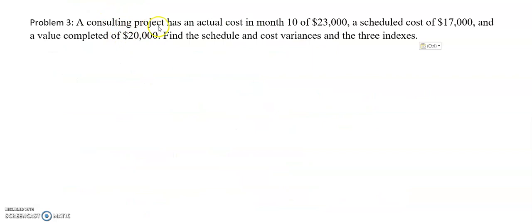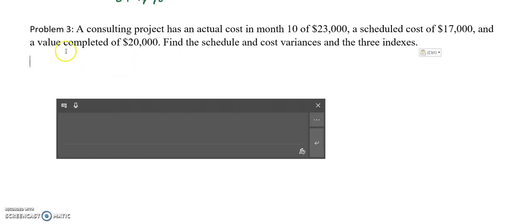Problem 3. A consulting project has an actual cost in month 10 of $23,000, a scheduled cost of $17,000, and a value completed of $20,000. Find the schedule and cost variance and these three indices. Let's find the schedule variance first.